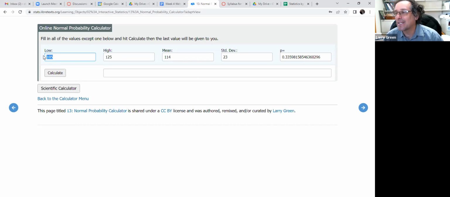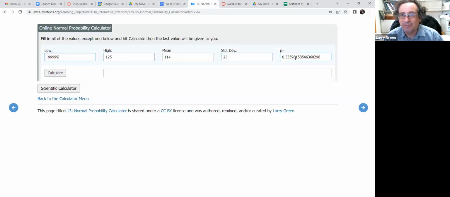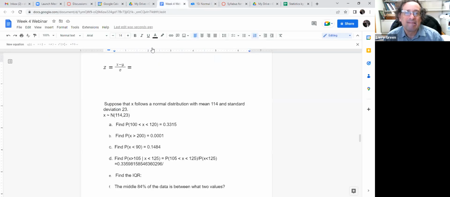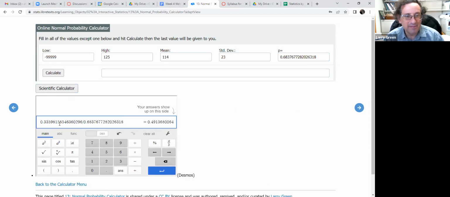Yeah, negative 9999999. So negative infinity, basically. And we want to be less than 125, right? So I'll keep that 125 there. Empty the probability. And we get this big number. And it's this division. I can actually literally just copy this sucker. We can go scientific calculator. And I can paste it in. And you get about 0.4914.